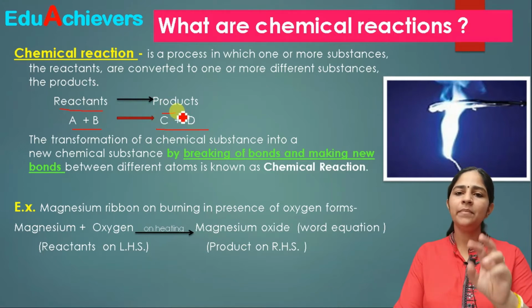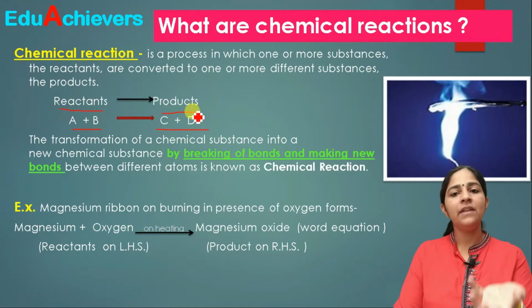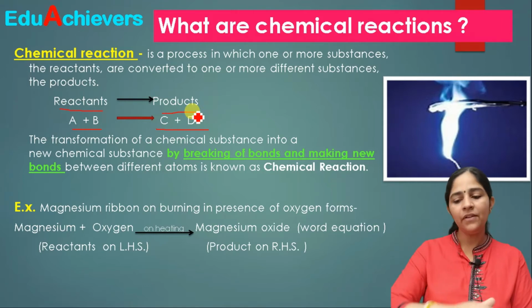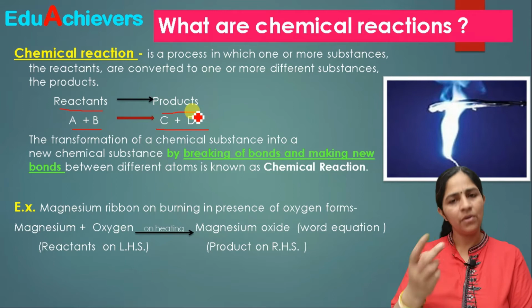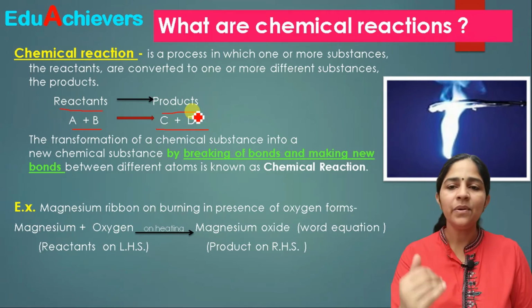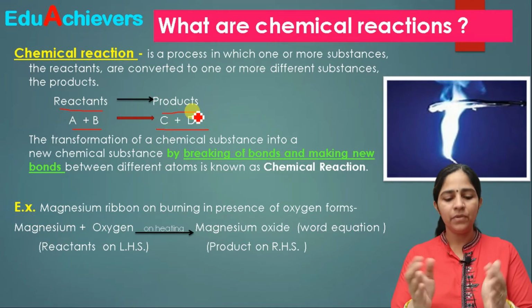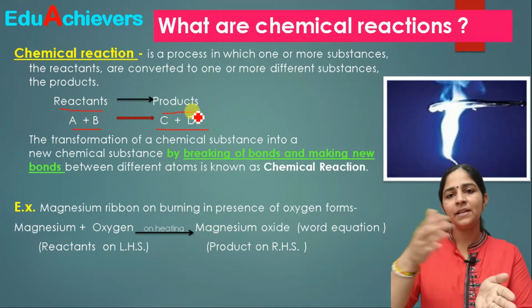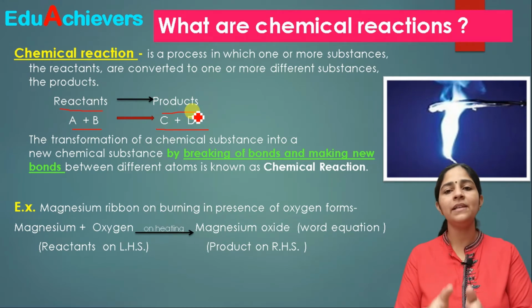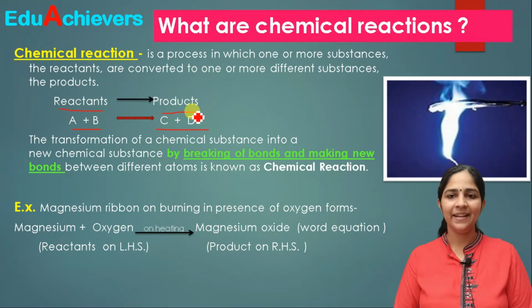So the process in which two substances react together and form a new substance, or it can be one substance or two substances, which are called products. Whenever reactants are reacting and products are forming, new substances are forming, that process is called a chemical reaction, correct?